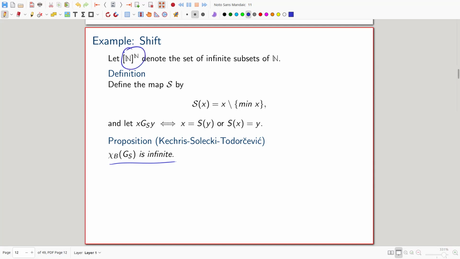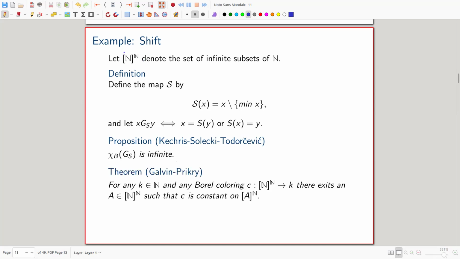And if you are really greedy, you want to color infinite tuples of natural numbers, which is this space. So you want to color this space with finitely many colors, and then you want to say that there will be an infinite set such that all infinite subsets are monochromatic. But this statement is just false.